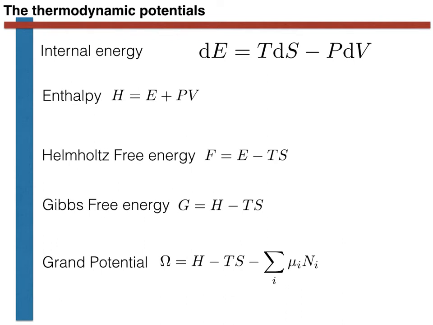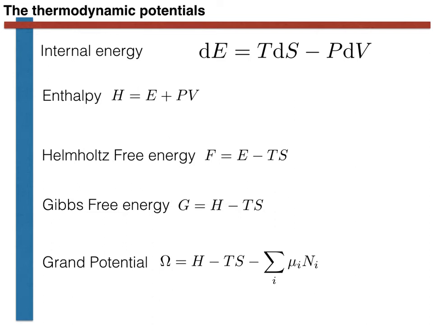On this slide, we have definitions for the following thermodynamic potentials. The enthalpy H, which is defined as the internal energy E plus the pressure times the volume. The Helmholtz free energy F, which is defined as the internal energy E minus the temperature times the entropy S. The Gibbs free energy G, which is defined as the enthalpy H minus the temperature times the entropy S. And the grand potential omega, which is defined as shown at the bottom of this slide.